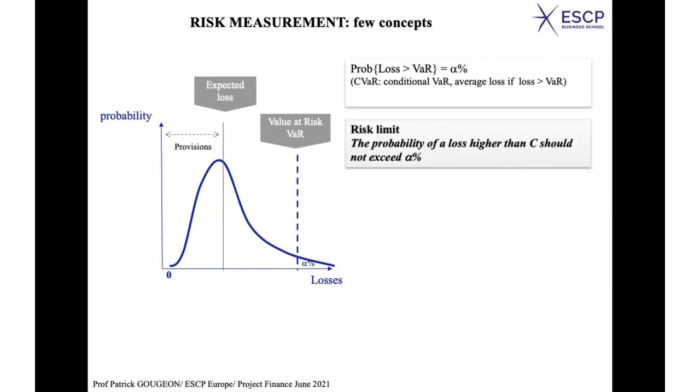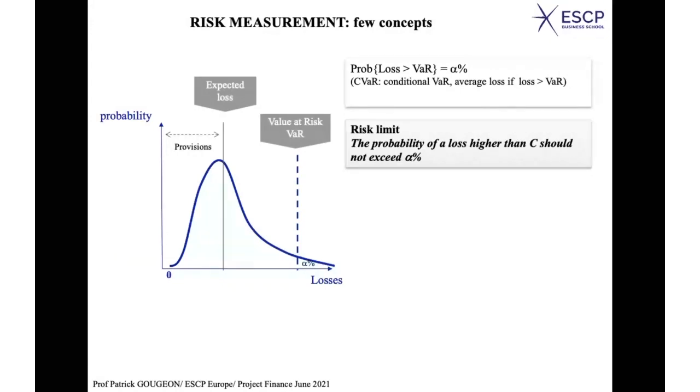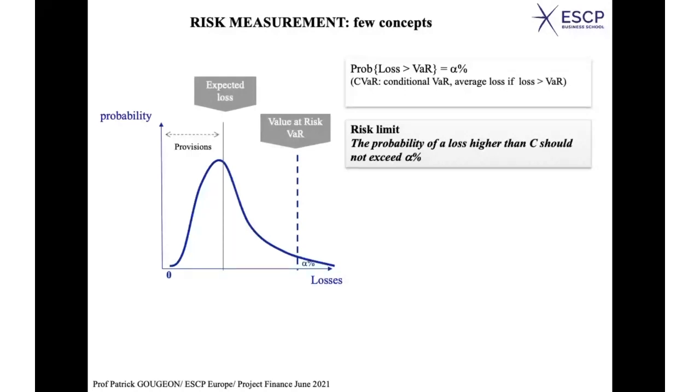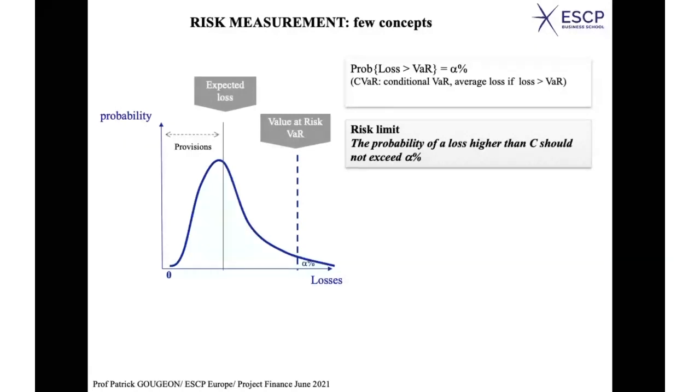The decision maker, for instance, might decide that the probability of a loss higher than a critical threshold C should not exceed alpha percent, alpha percent being the same as the alpha percent I have chosen for my value at risk. Let's take 1%. And let's assume that the value would be there, C.